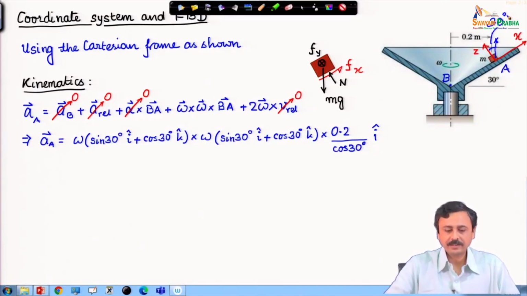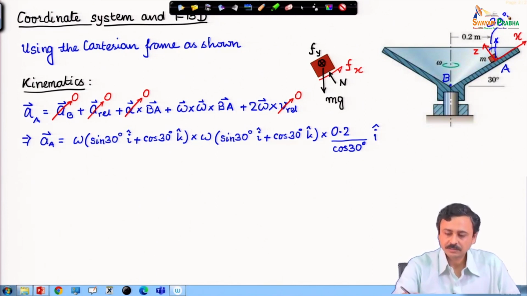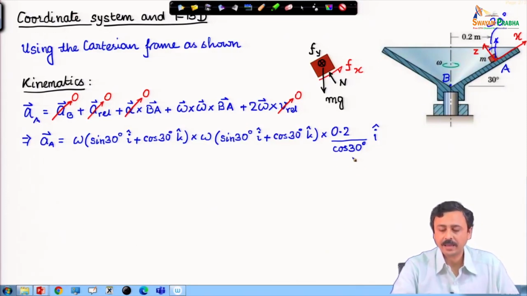The unit vector in that direction therefore is sine 30 degree i cap plus cosine 30 degree k cap, and omega cross the vector BA. Now, vector BA is again the magnitude of BA times the unit vector direction, which is i cap.